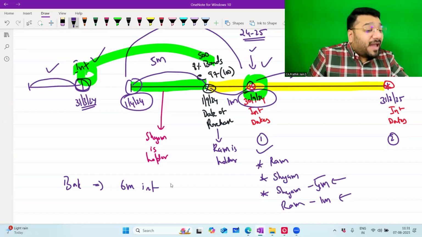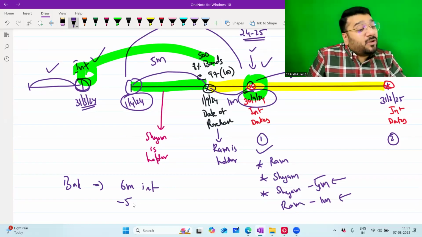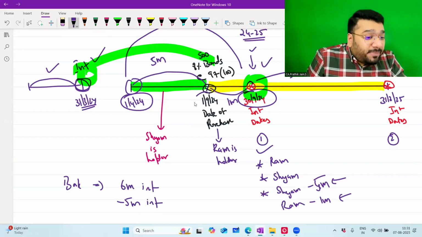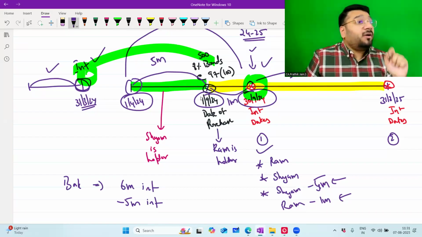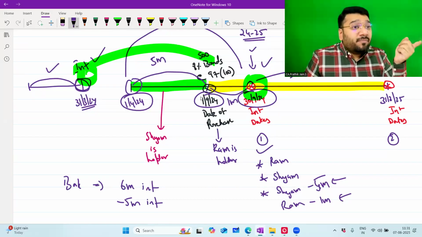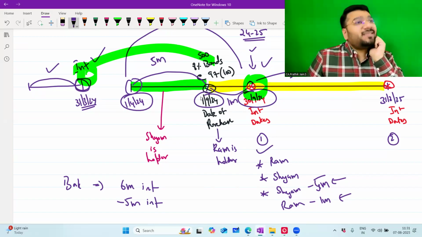So 5 months interest extra is getting. So this interest he has to pay in advance to whom? Sham. So on 1 September 24, when Ram is transferring money, means the purchase value of the debenture, with that he also has to transfer interest.